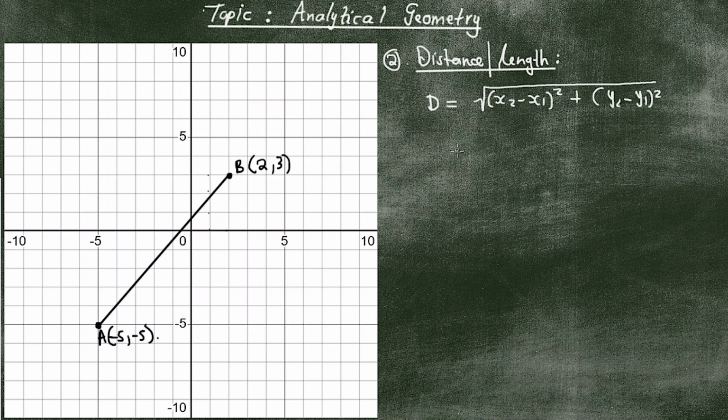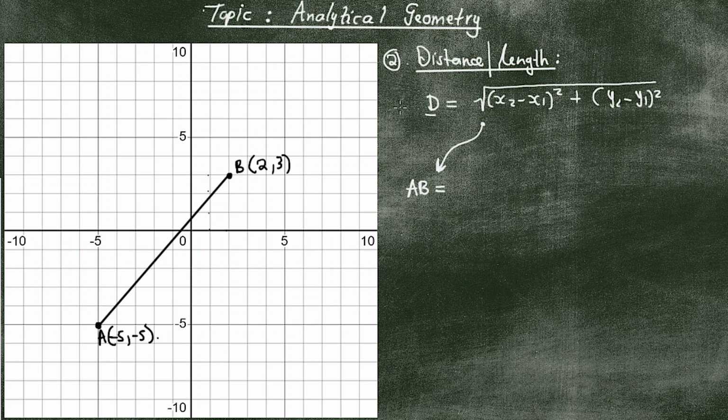Therefore, because here I'm calculating the distance between A and B, we remove the D and place AB there. I'm just saying that I'm calculating a distance between 2 points.